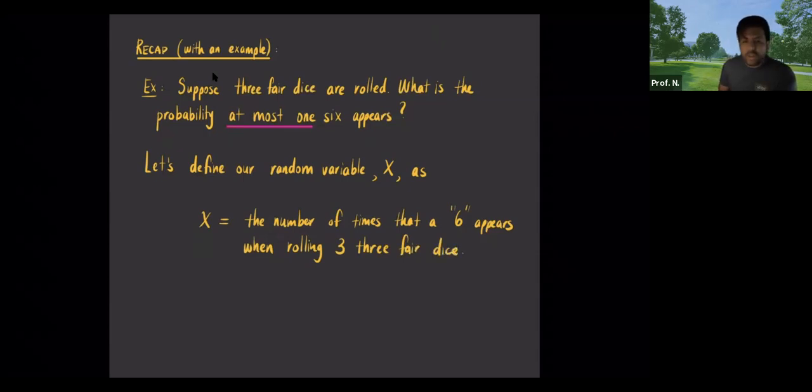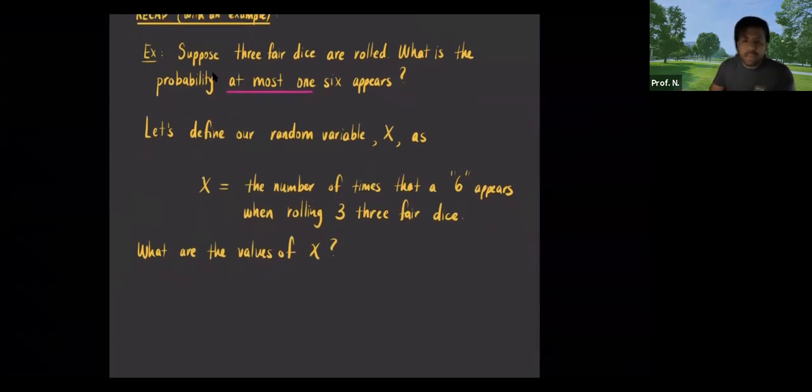Okay, so that's very good. Thank you, Daisy. Yes, so we defined x as a random variable that tells you the number of times that a 6 appears. So what are the values of x? Within those 3 fair dice being rolled, what can x attain? 0, 1, 2, and 3.